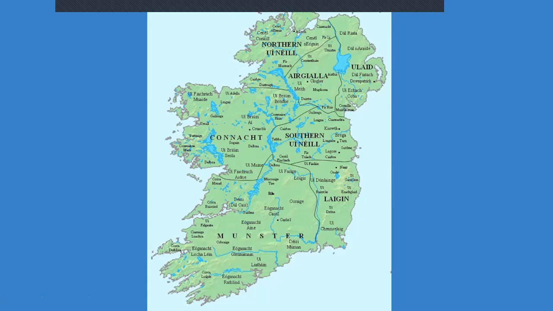They probably started talking about it between about 330 to 450 AD, following their defeat of two other groups known as the Ulaid, who were in the northeast at the dawn of the historical era, and the Laigin, who were in the southeast of the country. Now we'll start talking about the different groups here on the map.